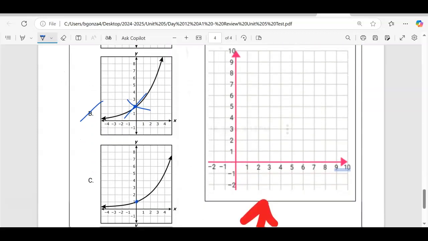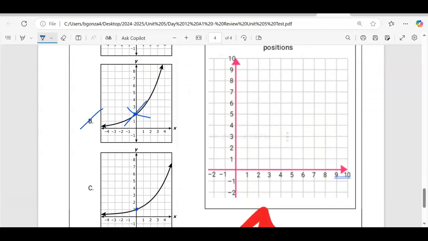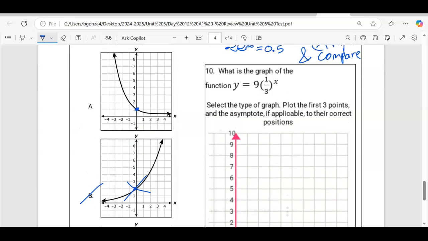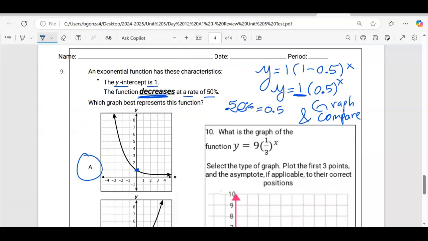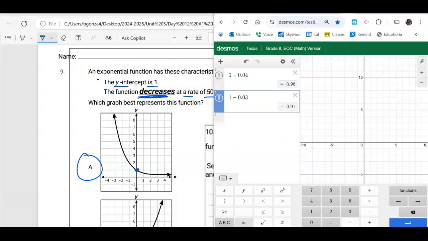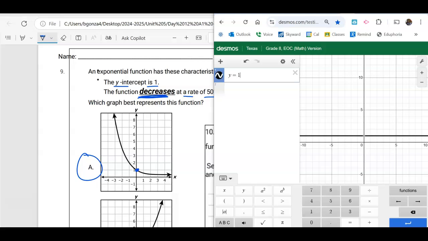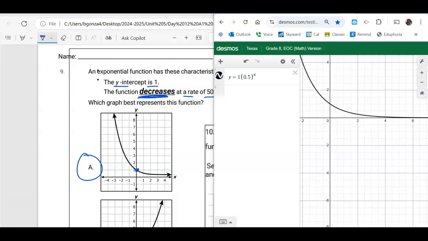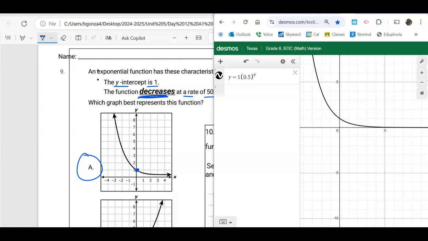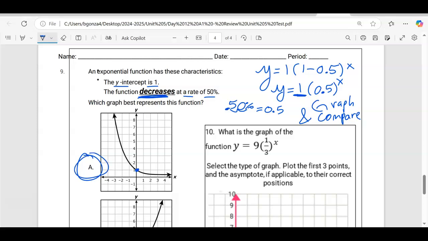Look at A and C. Which one's decreasing? This one's increasing. That ain't it. So I can tell you it's A just by what I know about the equation. But please try and graph it. It's 1, 0.5 to the x. And if you look at that, that looks good, right? It's at 1. It's decreasing. It is A for sure. Okay.